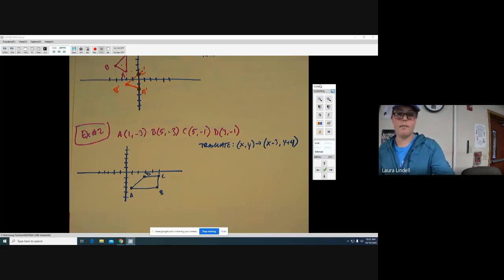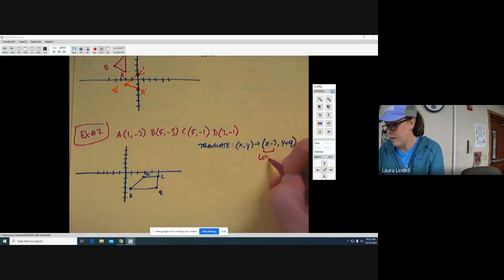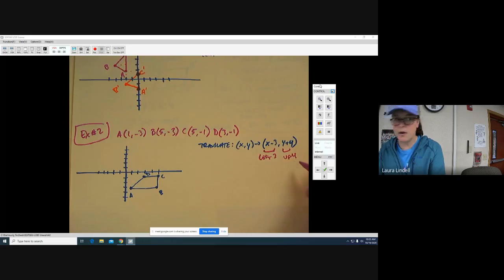Okay. Looks like we're about ready. So, the instructions for this one, if you said that the instructions are left 3 and up 4, you are correct.